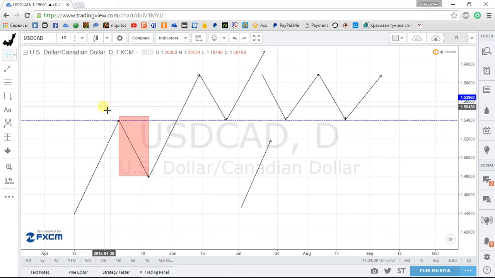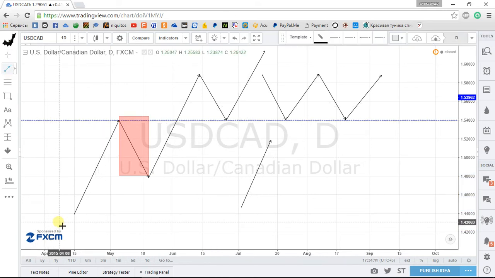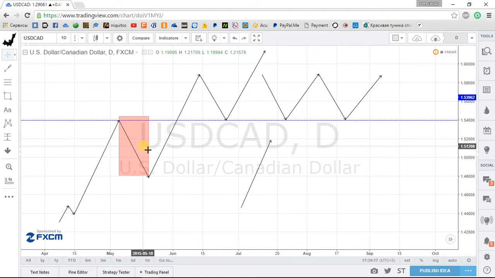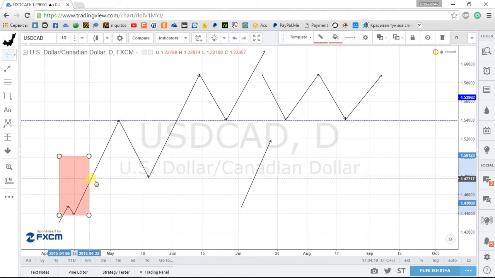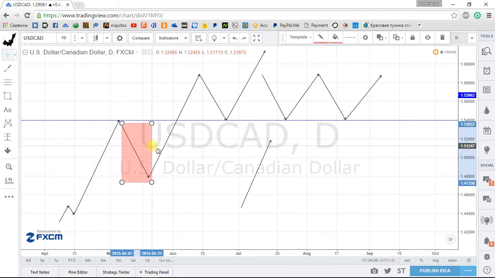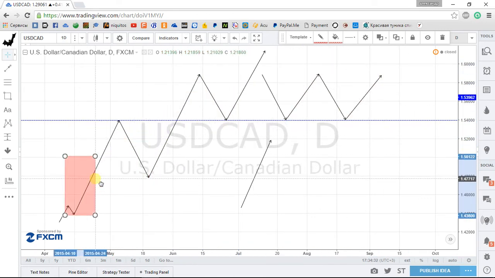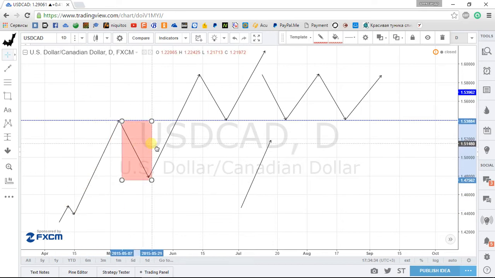For example, here. Somewhere here. If you compare it, it is not even half. Not even 1/3, 1/4 of that typical, average size. So this is the measurement.